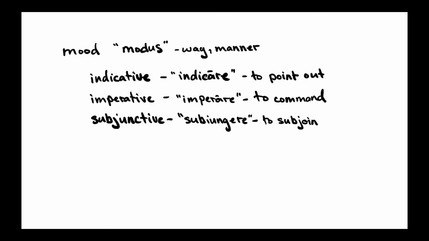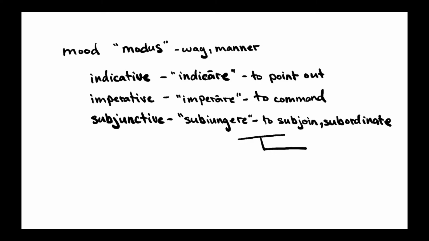That's a very literal translation, or to subordinate. And the visual that we'll use today is something like this, where when you've got a main clause, then the subjunctive is going to be subjoined to that or subordinate to that. And we'll let that play itself out pretty soon.